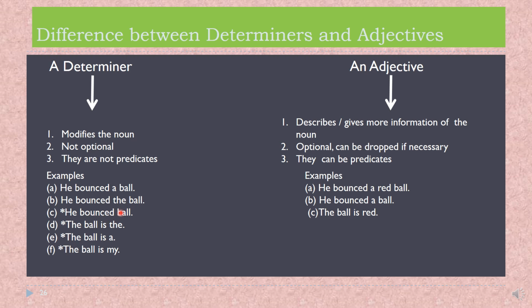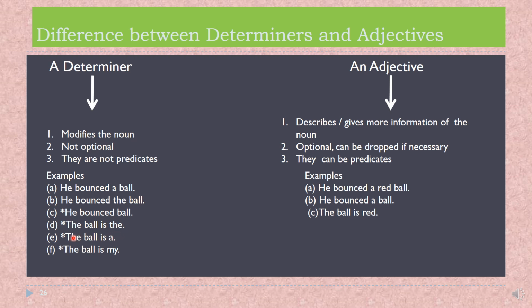Then he bounced the ball. He bounced a ball. We cannot write the ball is the. So determiners cannot come after the noun.